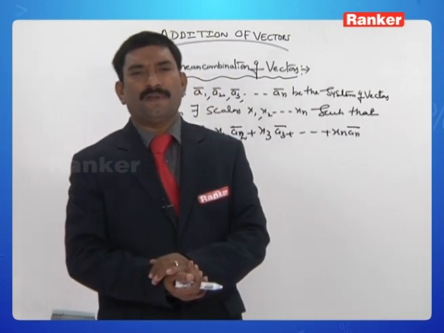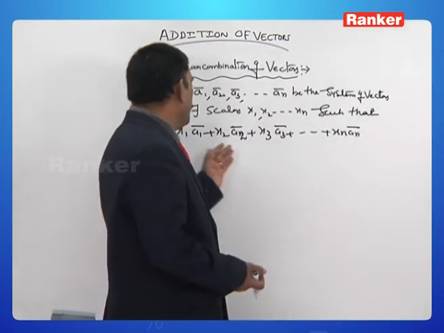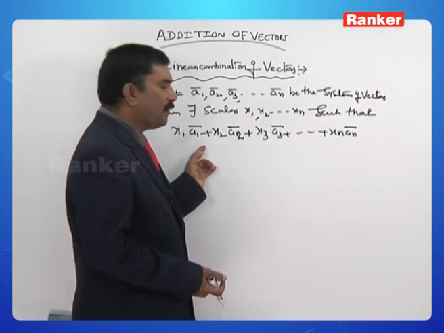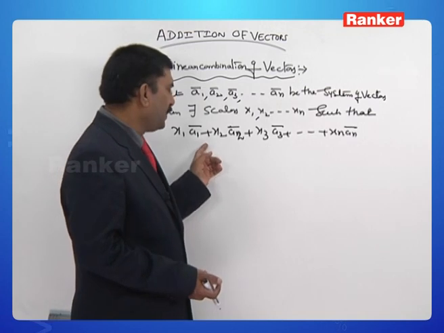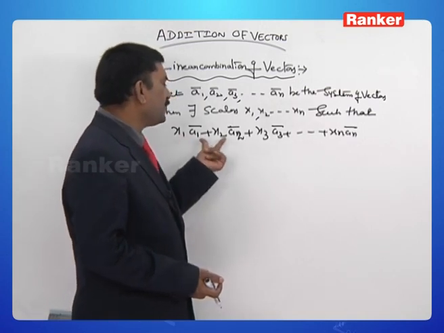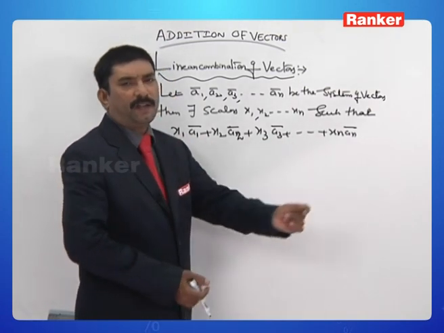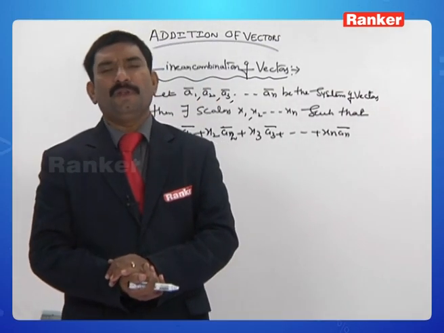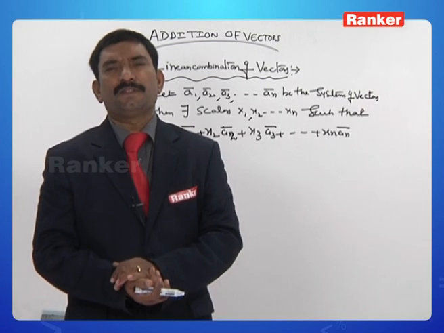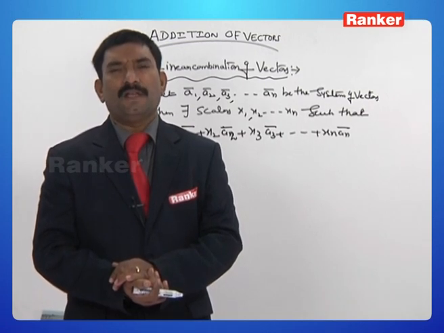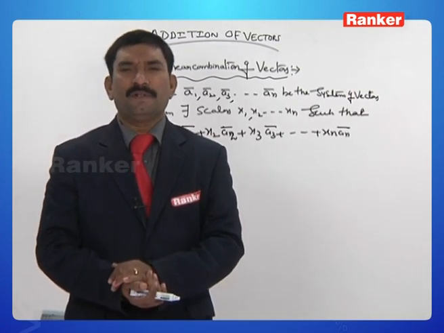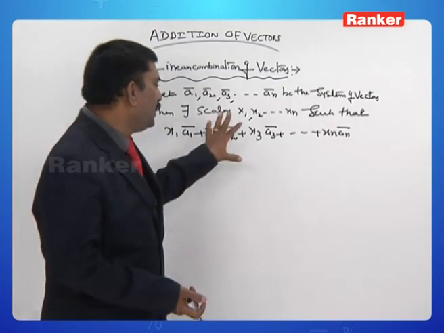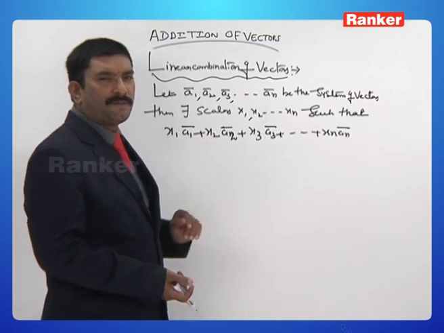This is called linear combination of vectors. Linear combination of vectors means the sum of the scalar multiples of vectors.